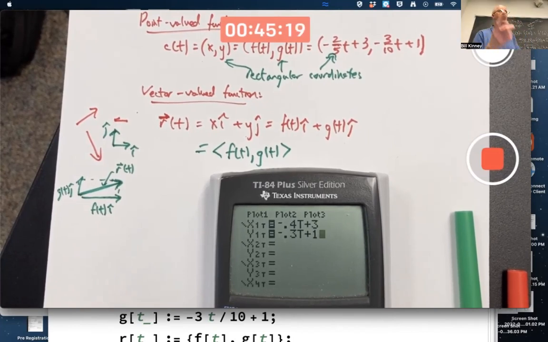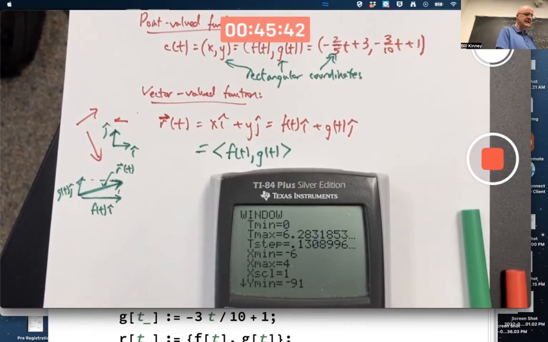So first go to the mode, switch to par or parametric. Go to your y equals screen. You should see something like this. Plug in these functions. X is a function of t and y is a function of t. I just pressed my ordinary variable button to get the t, same as the x button. For the window, you'll see a t-min and a t-max. Let's see, the bug is traveling from time 0 to time 10.